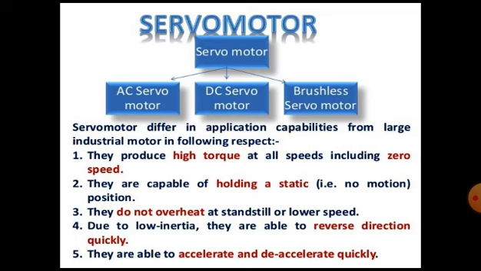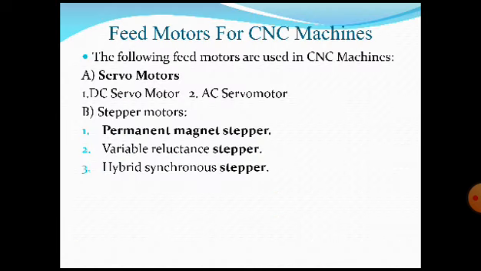As the inertia is low, we can reverse the rotation, clockwise as well as anti-clockwise, at ease, and this is going to happen as per the programming instructions stored in the CNC machine. They are able to accelerate and decelerate quickly. That is very, very important. That means whenever it receives the signal from the controller unit, it is going to respond very quickly.